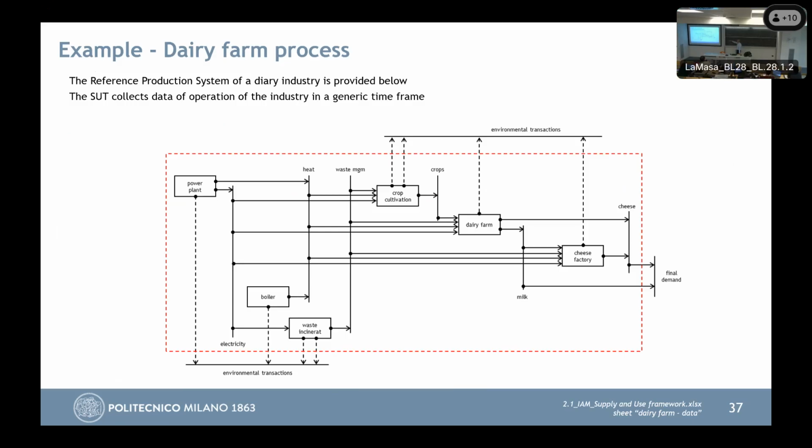Then, do we have any other byproducts? Yes, we have the dairy farm. What would be the best assumption for you? Any idea? Yeah, here it could be defined as a byproduct. I say that you cannot produce more milk.